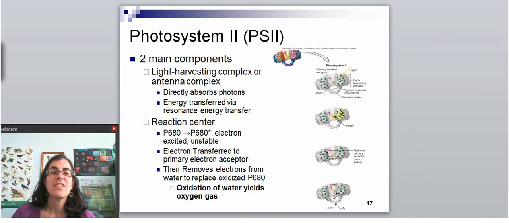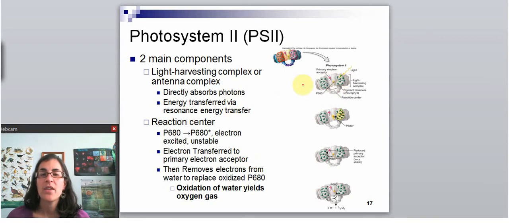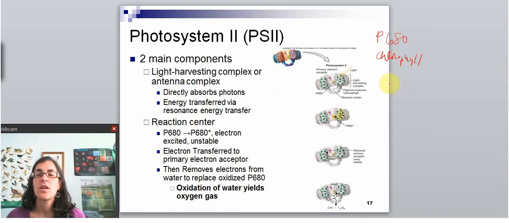So the light reactions actually start with photosystem 2. And so again, there's the light harvesting complexes and the reaction center. The light harvesting complexes will catch the light energy, pass it among the molecules to the reaction center. Inside of the reaction center of PS2, the chlorophyll molecule is a little bit different from PS1, and so we call it the P680 chlorophyll, or P680 for short.